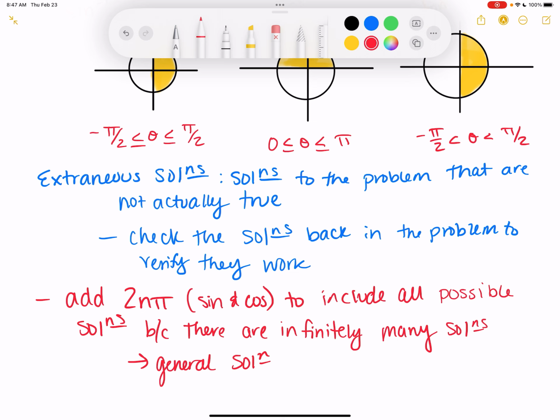If we were doing it for tangent, we add n pi because that's how often we have to go around to get back to the same answer. So if you look at your unit circle, your value at pi over 6 for cosine is root 3 over 2.